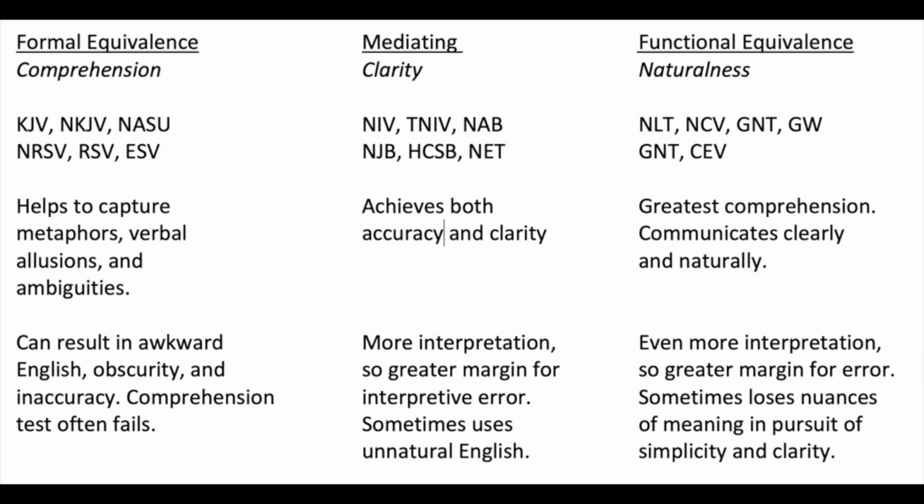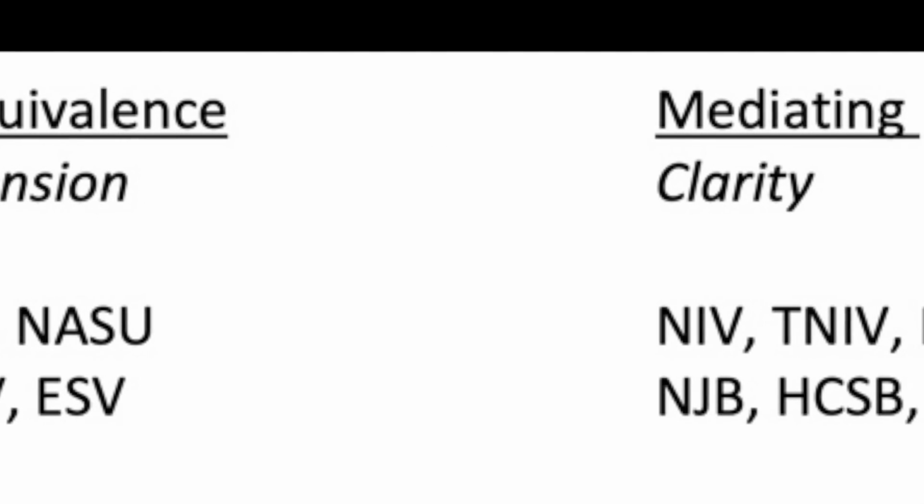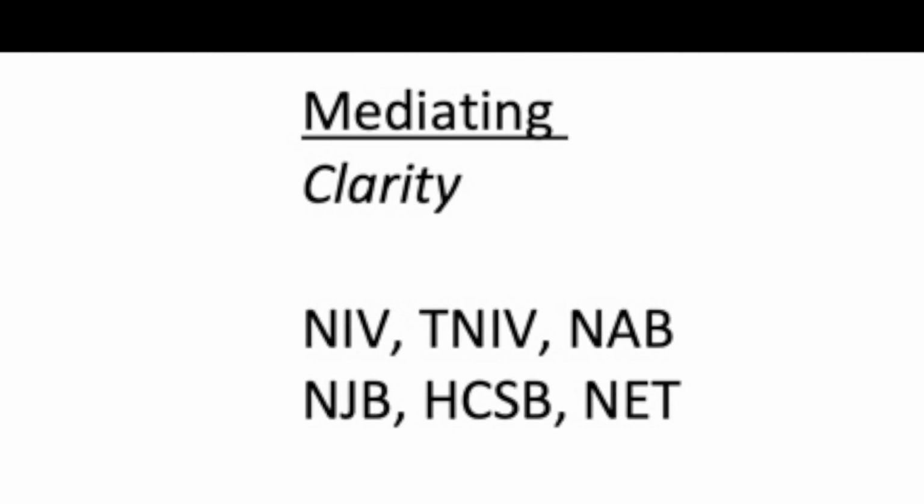Those that are on the left, which are conservative translations, are the King James Version, Revised Standard Version, the New King James Version, and the English Standard Version. In the middle are the mediating translations: New International Version, the New American Bible, New Jerusalem Bible, the New English Bible.